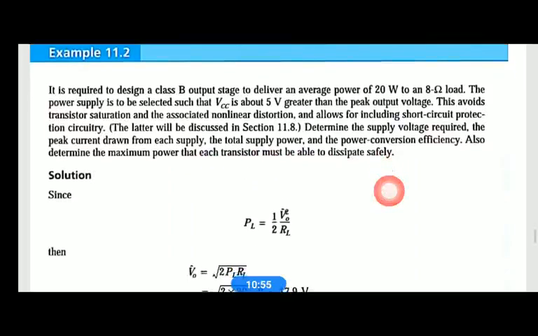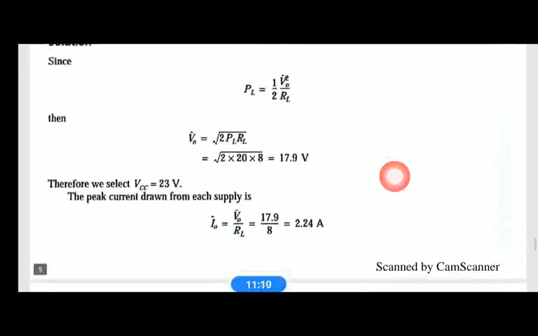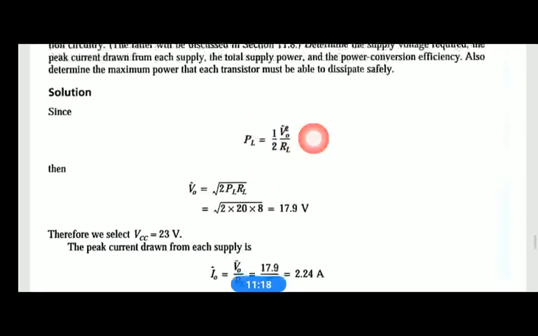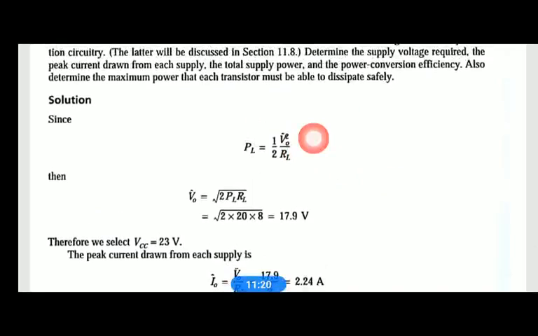So you need to calculate the peak current drawn from each supply, the total supply power and power conversion efficiency, right? So let's first find the output voltage V0 here. The load power PL is equal to half of V0 square by RL.